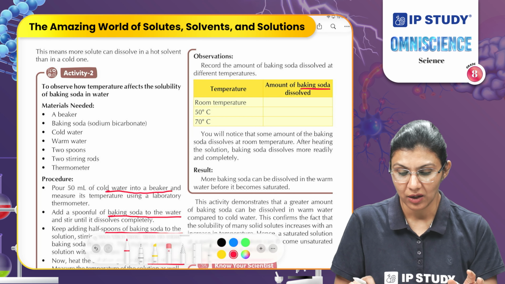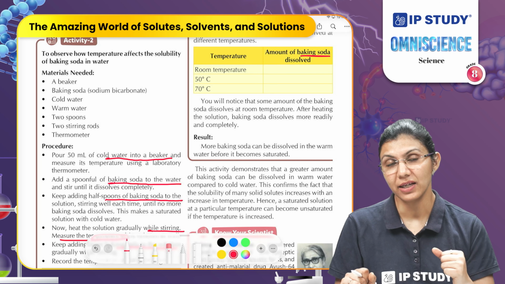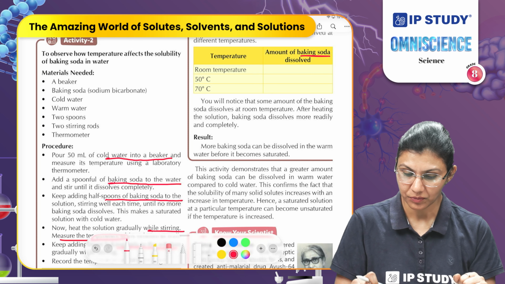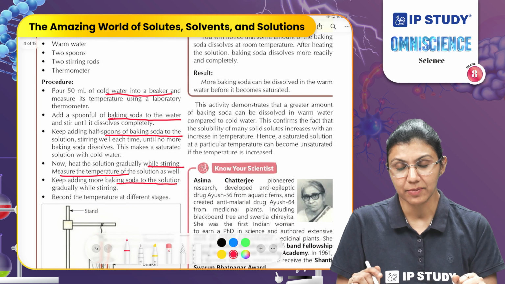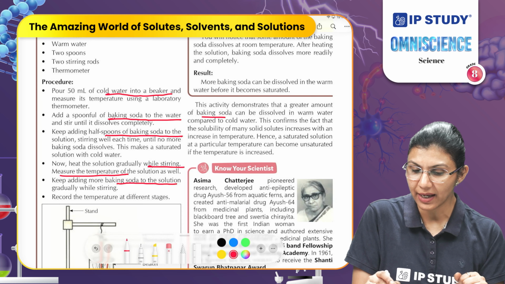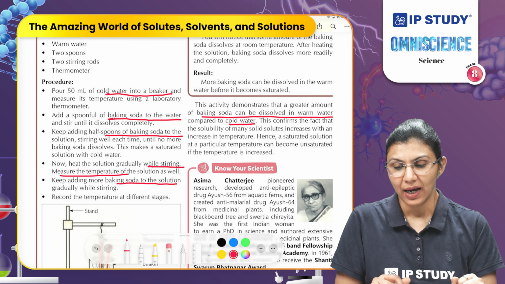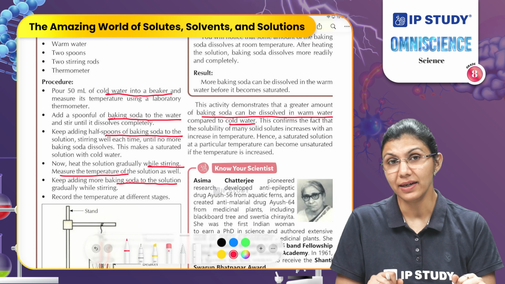You will notice that at a certain point, when you stop heating and start cooling down the solution, the baking soda crystals will settle at the bottom. So, this activity demonstrates that a greater amount of baking soda can be dissolved in warm water as compared to cold water, and this confirms that heating can change the solubility of a solute.